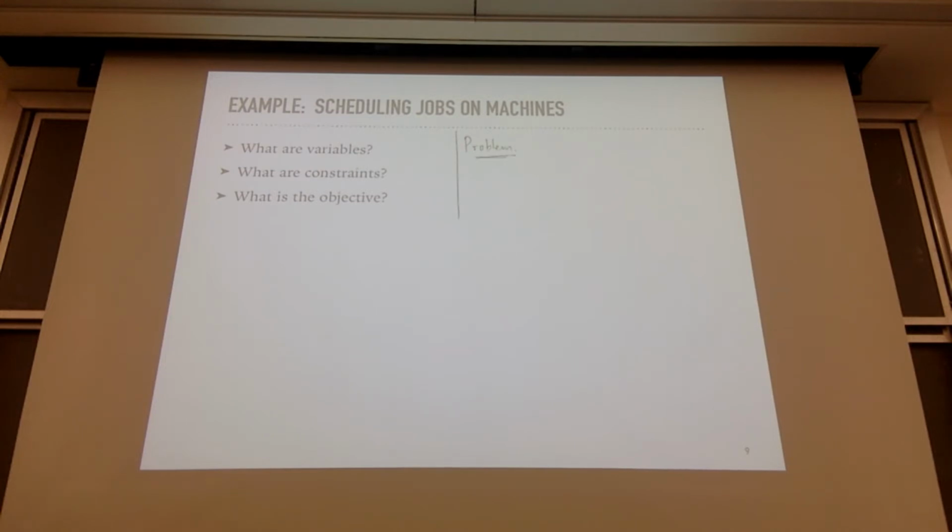The problem is you have n jobs and you've got m machines. Think of m as being 5 or 10, something small. And your goal is to assign jobs to machines.